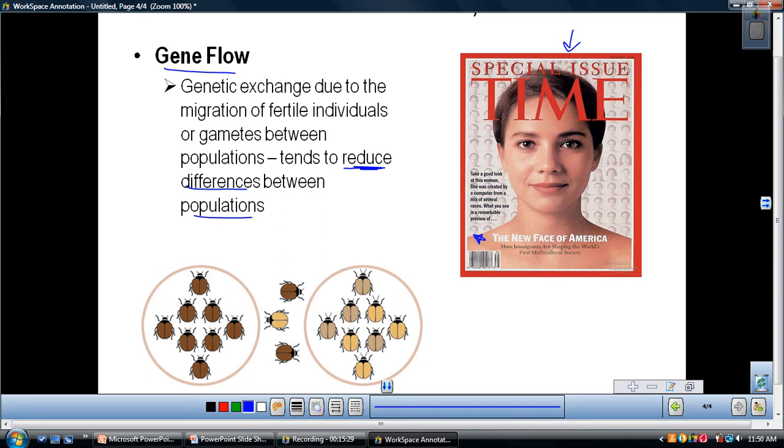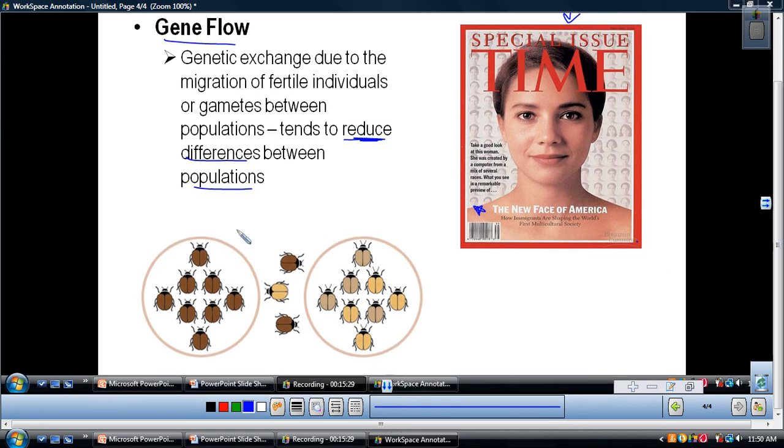But you can see in the picture at the bottom, this is your original population and you've got this other population over here, look at the differences that occur. Over time, if some of these travel over there and some of these travel over here, then these two populations will start to look more alike, and eventually it'll reduce the differences among them.